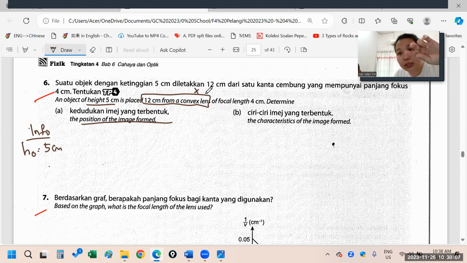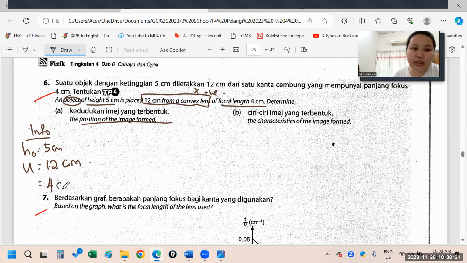The X you twist a bit, it's positive F. Okay, so 12 cm is the object distance. Object is placed from X and focal length is 4 cm. 4 cm is focal length. Convex, positive. Determine the position of the image formed. So V we don't know.